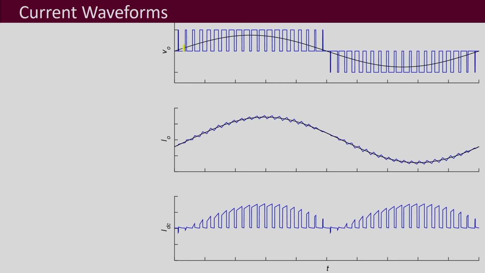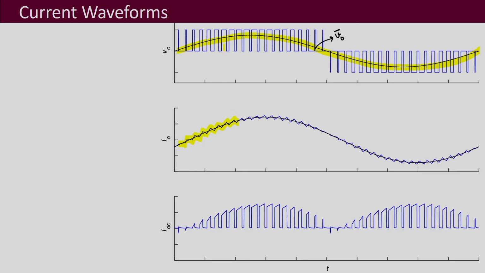So, let us look into the waveforms. This is your output voltage waveform that we just saw, and this is the average of that, which is your VO bar. And this current with the ripple that you see is your load current.